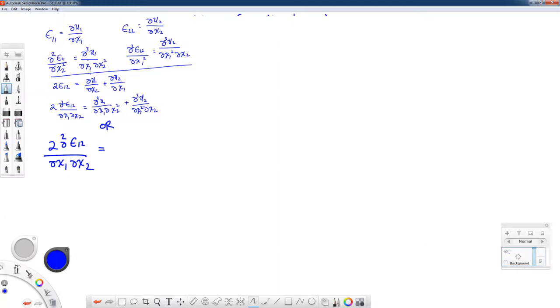Okay, that's this term right here. This would be the same as the second partial derivative of epsilon 1,1 with respect to x2 twice. And this component, third partial of u2 with respect to x1 twice and x2, would be second partial of epsilon 2,2 with respect to x1 twice.